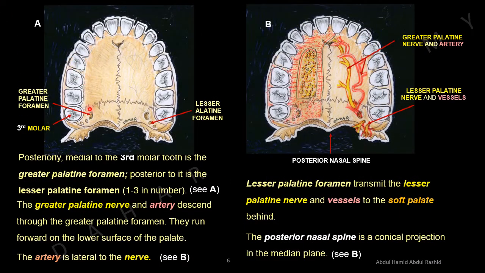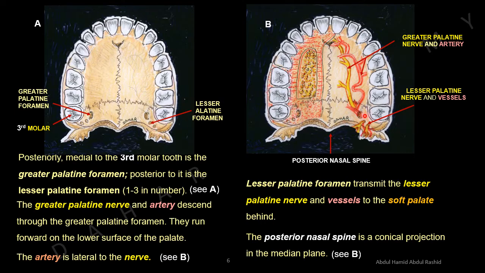The hard palate, forming the roof of the mouth, we are looking from below. This is the third molar tooth, left side and right side. Medial to the third molar tooth, we have the greater palatine foramen. Behind the greater palatine foramen, we have 1, 2, 3 lesser palatine foramina.